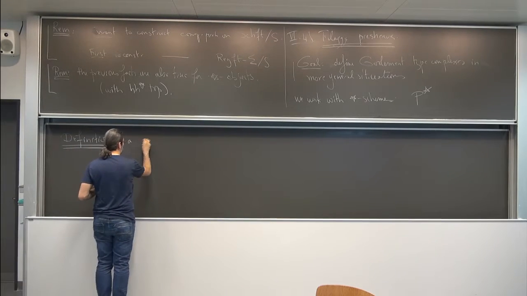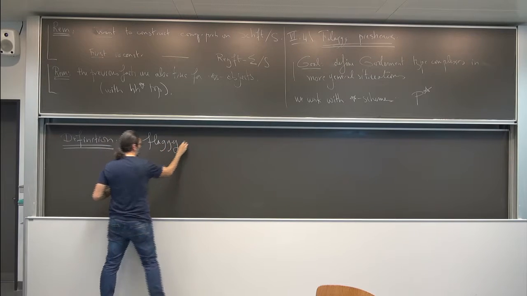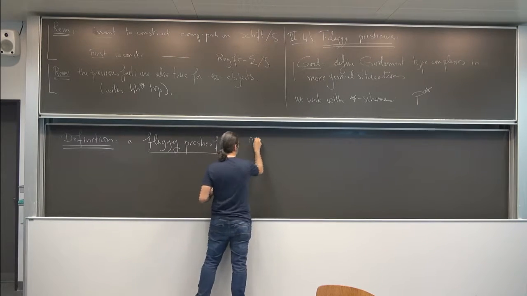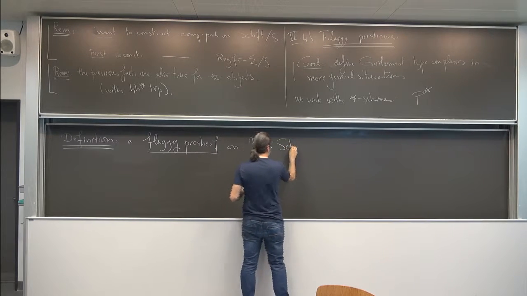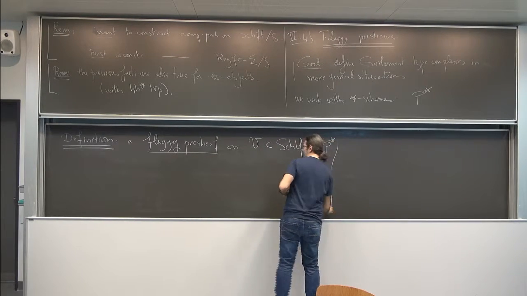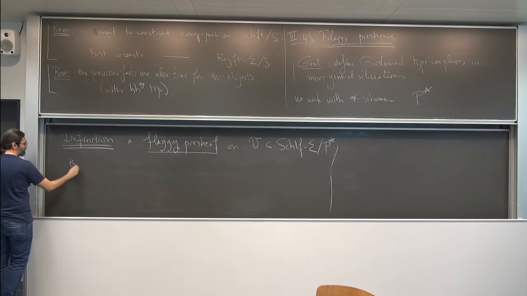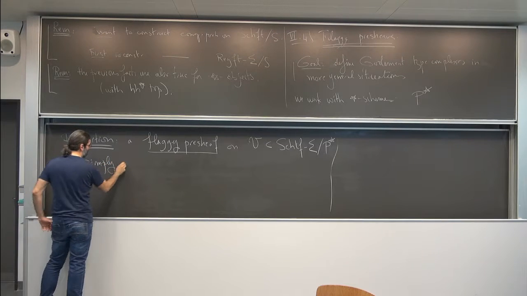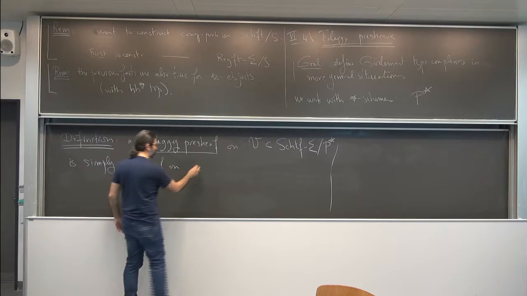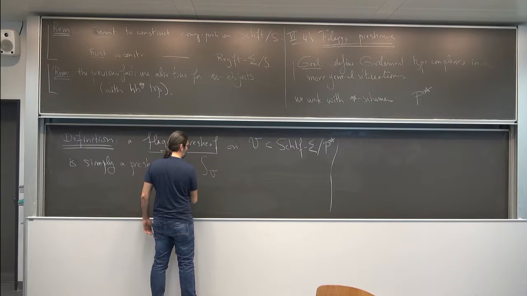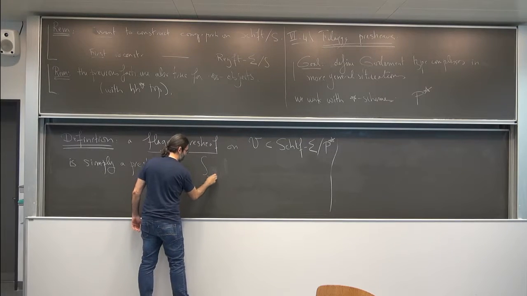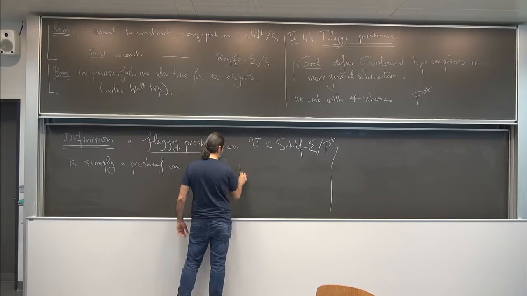A flaggy presheaf on some subcategory V of finite type stratified schemes over P star is simply a presheaf on the category that I've seen before, which is the integral over V of flags of x1.